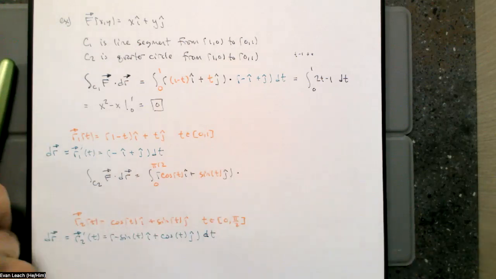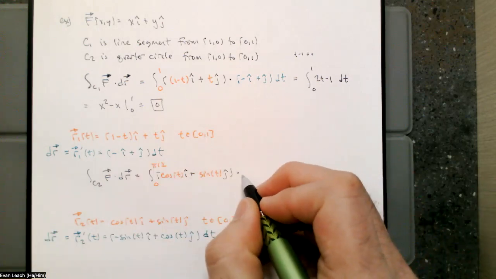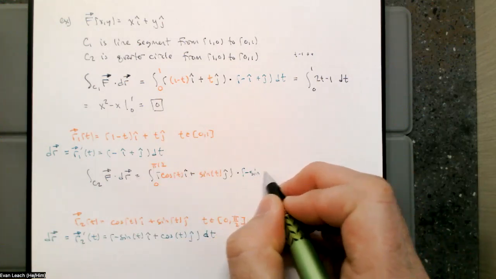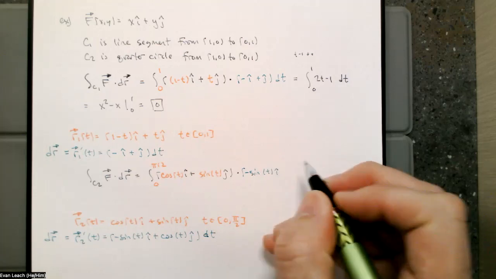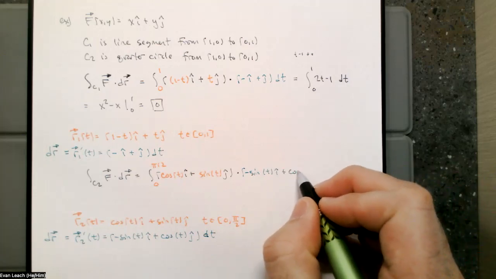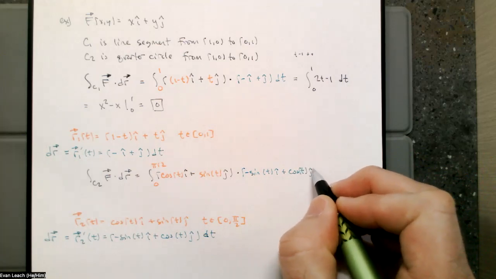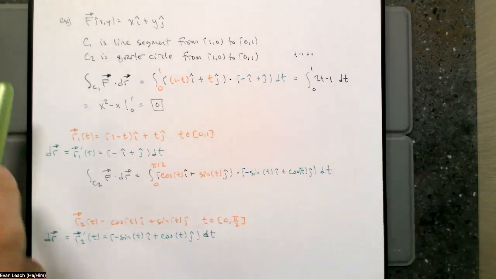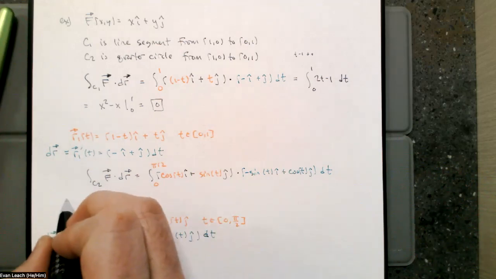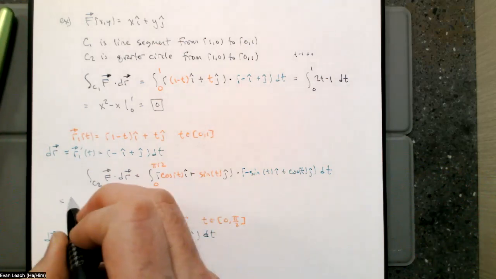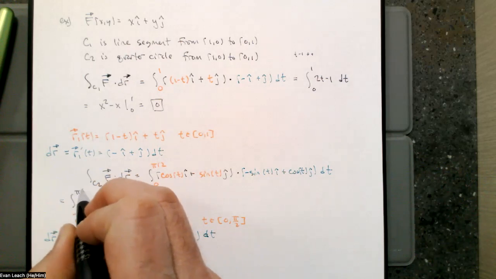And we'll find the dot product of this with the dr, which is going to be negative sine of t i plus cosine t j dt. So we're still integrating from 0 to pi over 2.